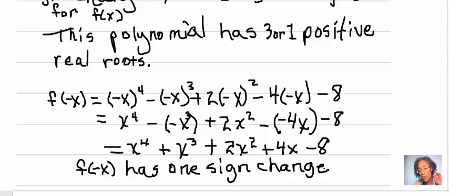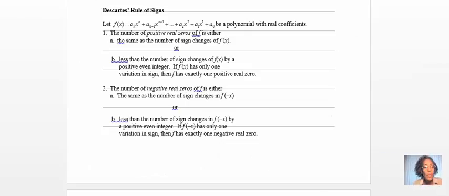Now, according to Descartes' rule of signs, the number of negative real zeros is either the same as the number of sign changes in f of negative x, or less than that by a positive even integer.